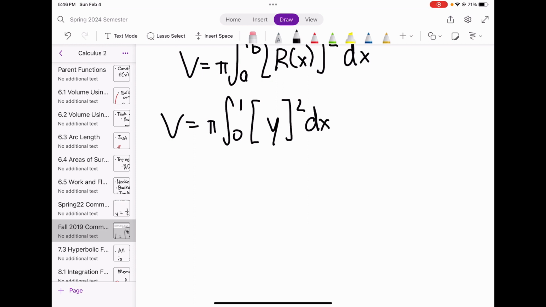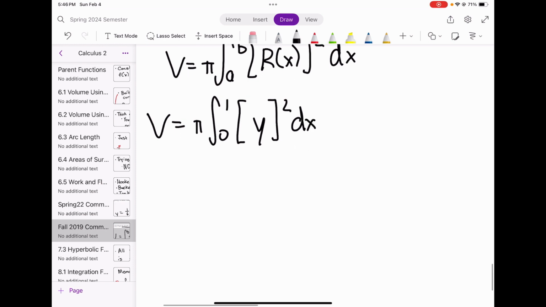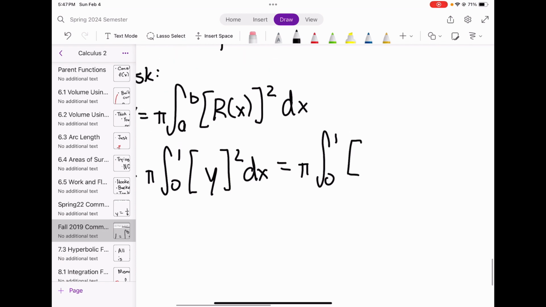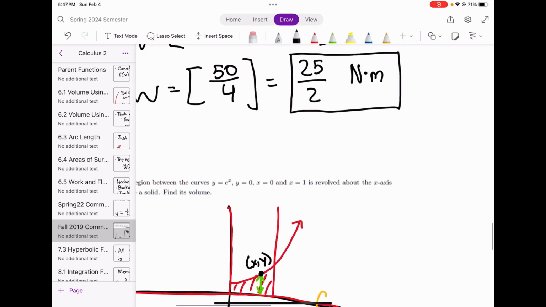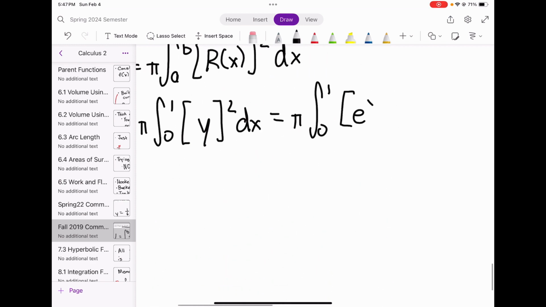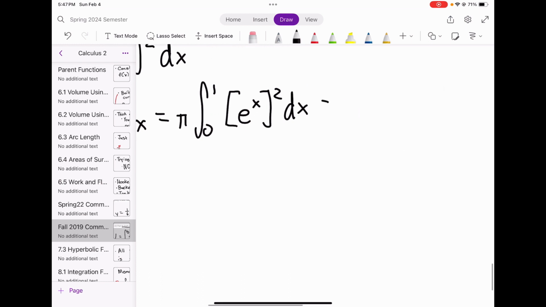So we want everything to be in terms of x. So we rewrite this as pi times the integral from 0 to 1, and instead of y, we plug in what y was, e to the x, squared, dx. And then we can write that again, pi, the integral from 0 to 1 of e to the 2x dx.